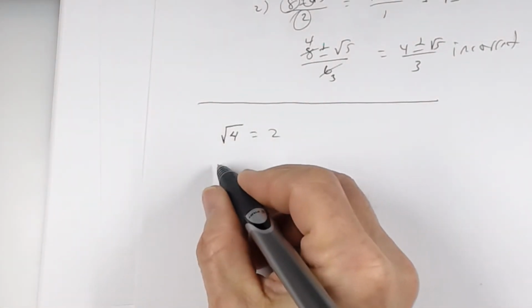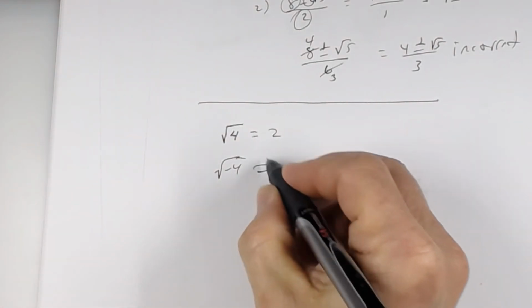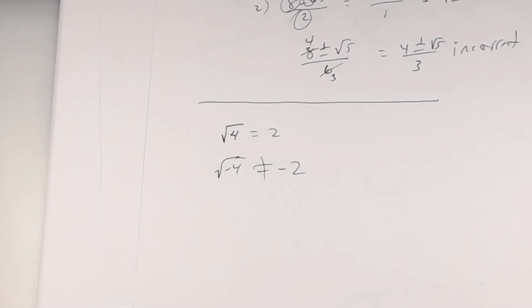On your calculator, though, what's the square root of a negative 4? Is it negative 2? No, because remember, the square root of 4 is 2 because 2 times 2 is what? 4. The square root of negative 4 is not negative 2, because negative 2 times a negative 2 is a positive 4. That's not a positive 4, that's a negative 4.